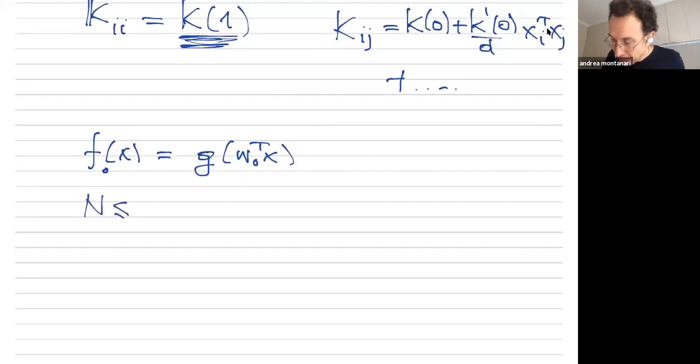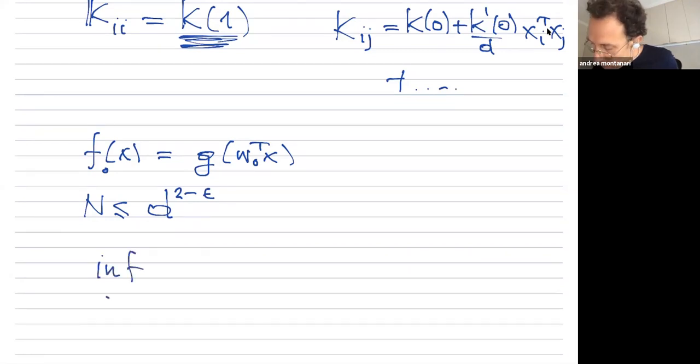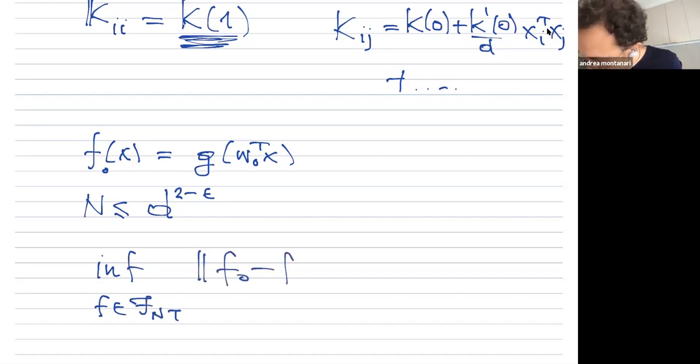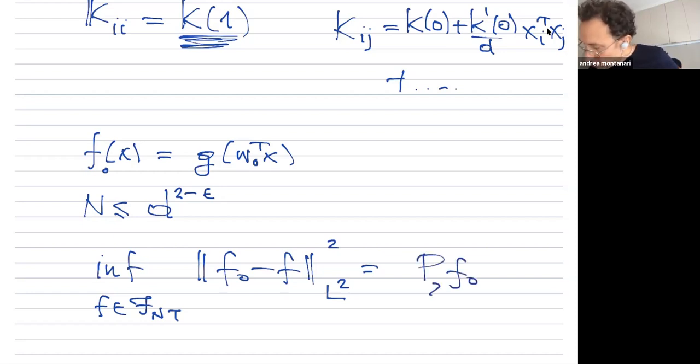If I take n that is less than d to the 2 minus epsilon, and you take a function like this, the infimum over f in the neural tangent class of the L2 distance between f0 and f is equal to the projection of this function f0 onto polynomials of degree bigger than 2, in L2.